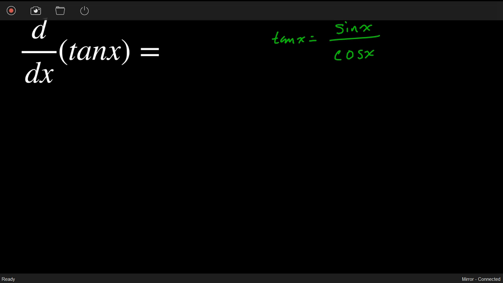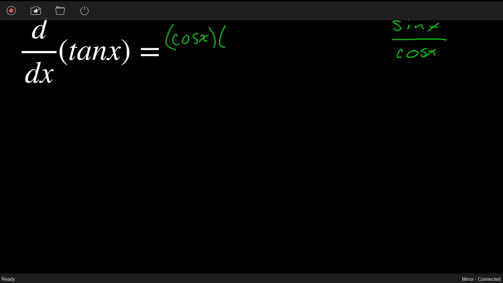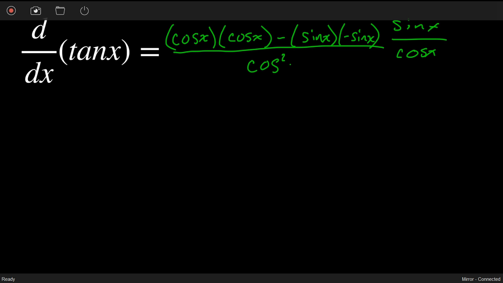And therefore, we can use quotient rule to find the derivative here. All right, so the derivative would be... The derivative would be, if you take into account sine x over cosine x, the derivative is going to be bottom times derivative of the top, which is cosine x, minus top times derivative of the bottom, which is negative sine x, over cosine squared.